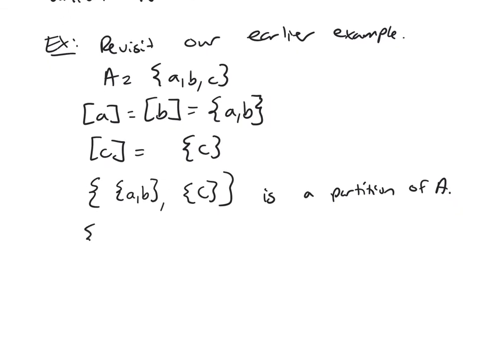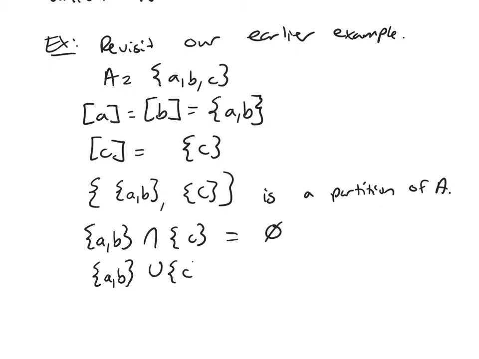If I take any two of these sets, there's only two of them for me to take, but if I take them and intersect them, I get the empty set. And if I take the union, I get the set A.